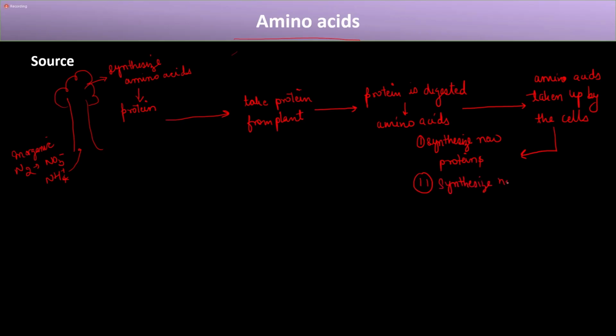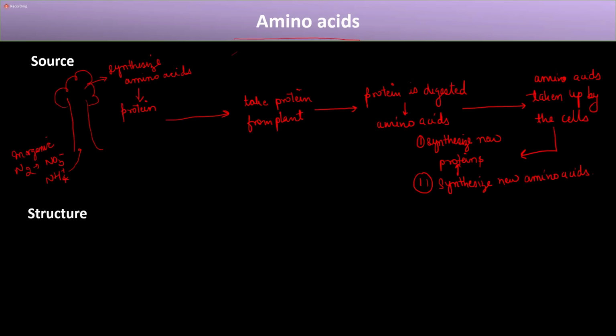So it can synthesize new proteins as well as new amino acids. Okay. So this is how an animal and a human gets the amino acids. And then these new amino acids again are used to synthesize new proteins. So this is the source by which humans or animals get the amino acids.